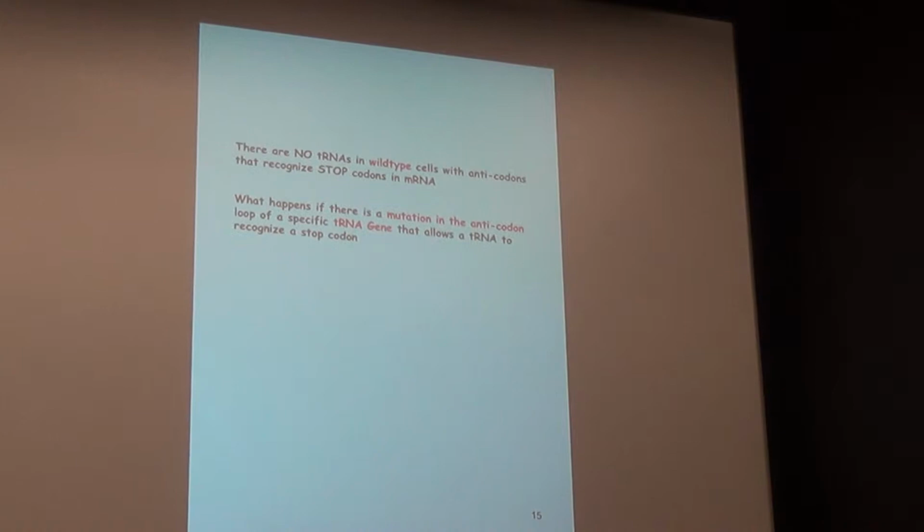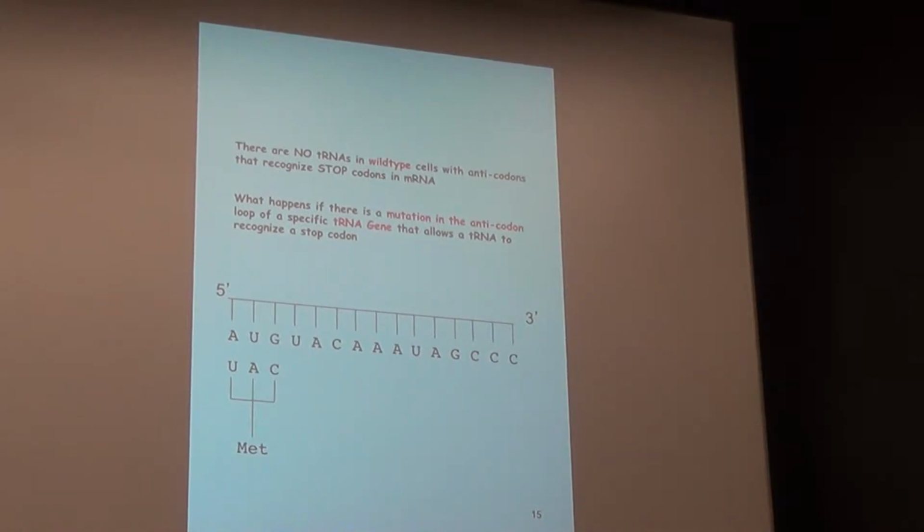So what happens if there is a mutation in a tRNA gene? So let's look at this, right? Here is a sequence of RNA, 5' to 3', and you get tRNAs base pairing. You have AUG 5' to 3', you have a CAU anticodon that base pairs with this, and this tRNA has methionine along with it.